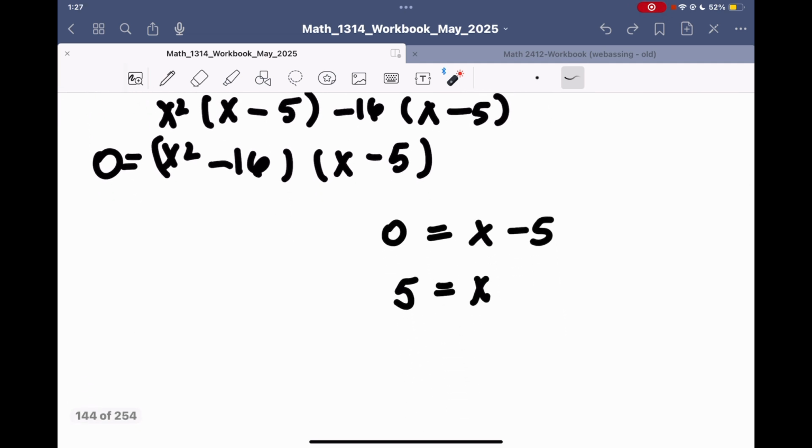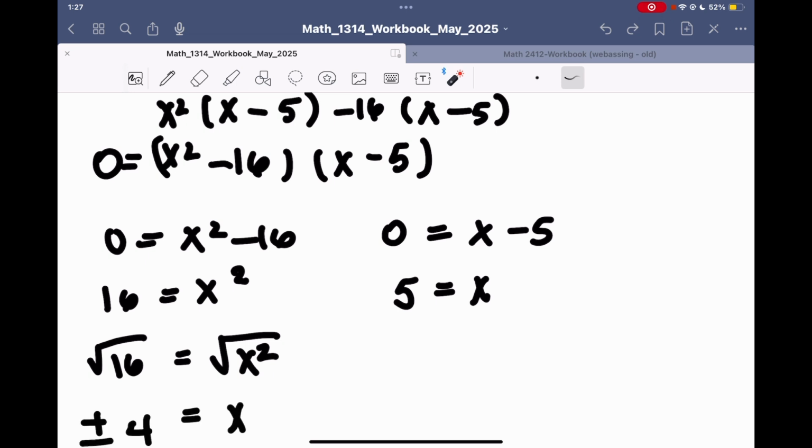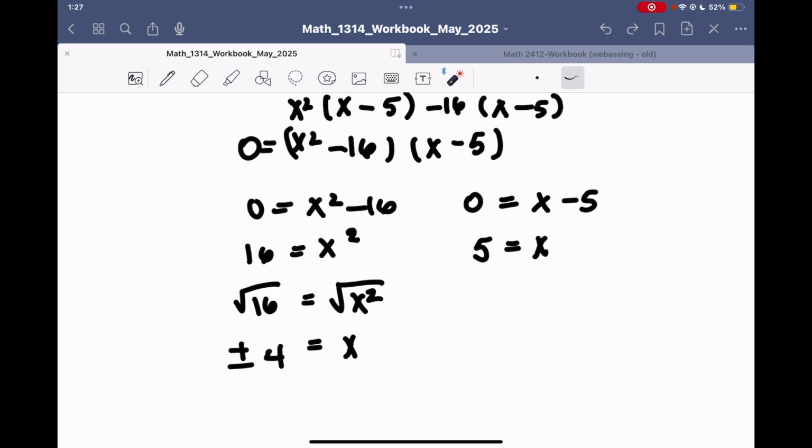So the first one, x minus 5, is the easiest. So 0 equals x minus 5. That means that x equals 5. And then for this one, I like to do the square root property just to encourage practice of that math. So you move the 16 over, take the square root of both sides, x equals plus or minus 4.